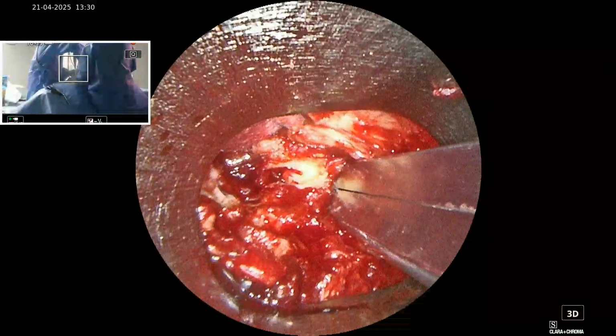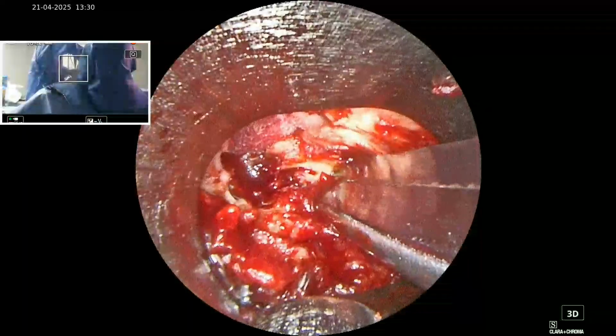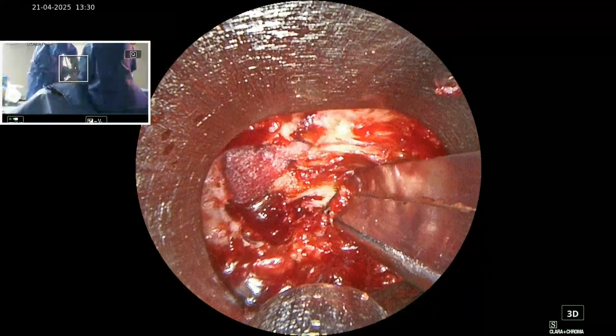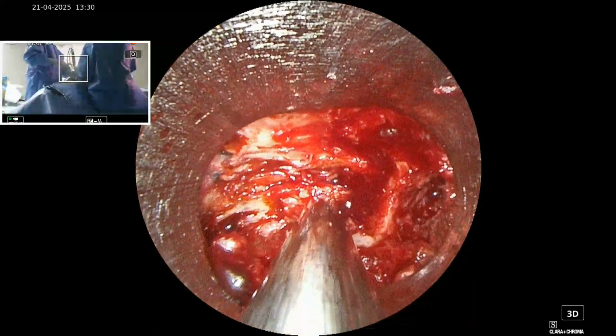The hypertrophic bone and the facet ligamentum flavum.